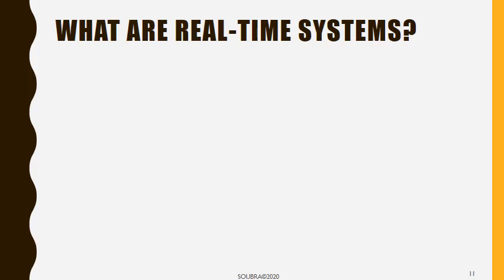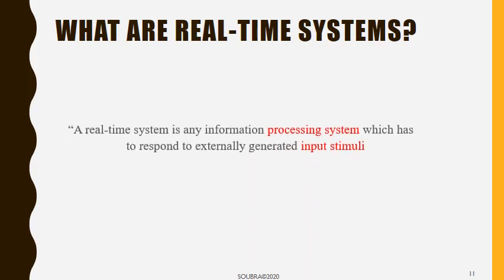And to be more accurate and give it a formal definition, we can say that a real-time system is any information processing system, so it's another name for a computer, that has to respond to some stimuli, and this stimuli is usually some input from outside, so externally generated input stimuli, within a finite and specified period of time.